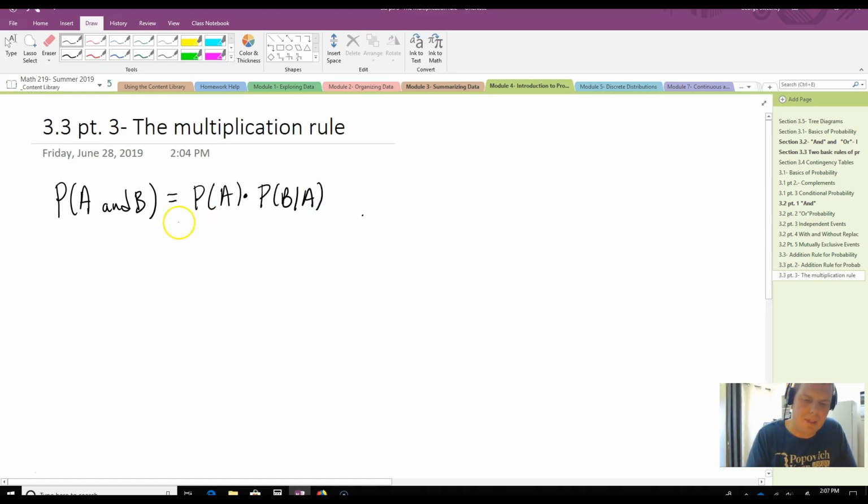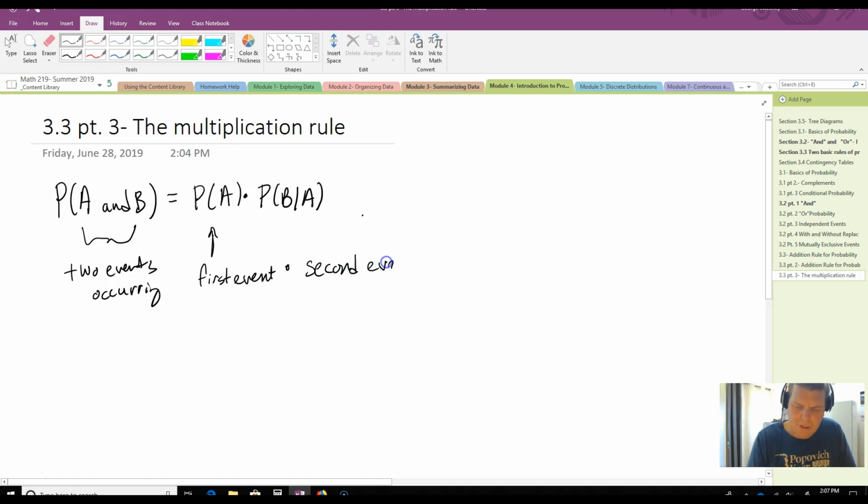We want to know the two events occurring, and that's going to equal the probability of the first event times the probability of the second event given the first event occurred.